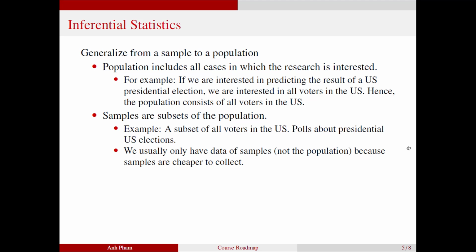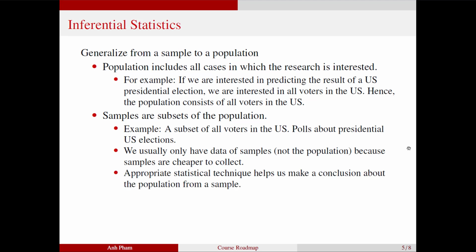That is why the census, which in theory and in practice most of the time tries to get the population data, only happens once every 10 years, because it's very expensive to collect data of the population. Appropriate statistical technique is going to help us make a conclusion about the population from a sample.